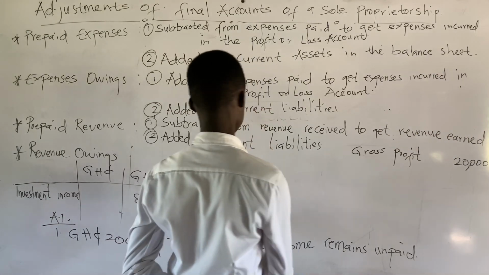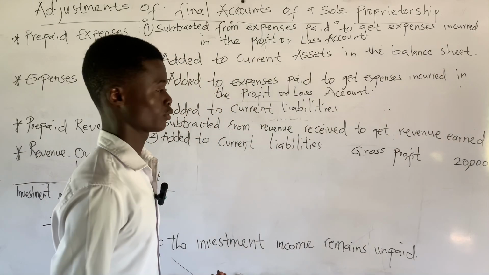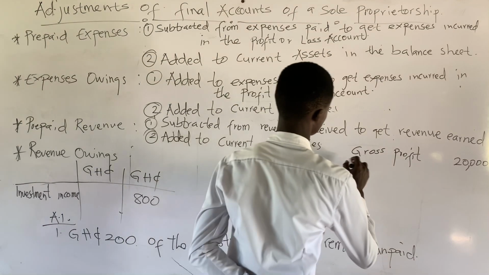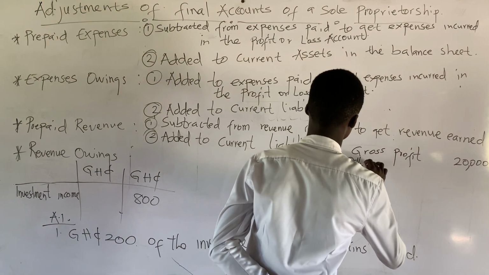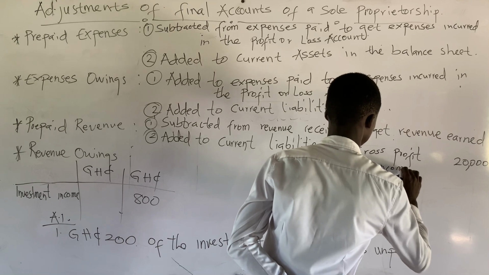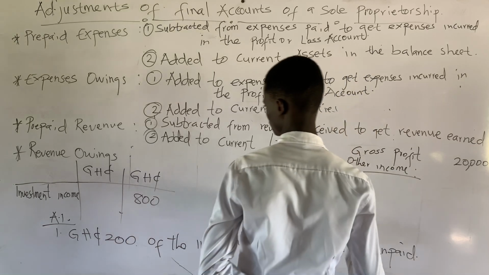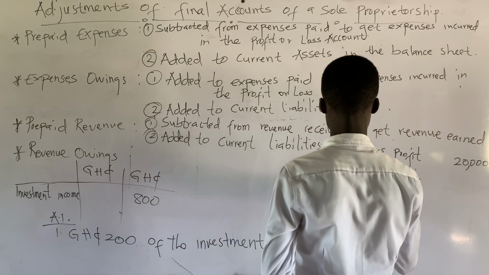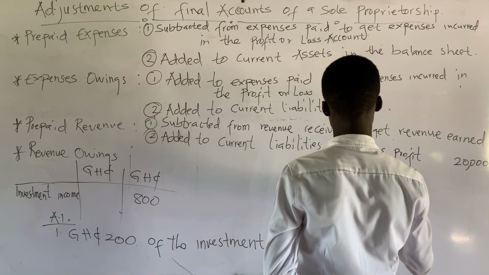Then we all know that investment income will be added to gross profit as other income. So we will say add other income. Then we will bring investment income on the trial balance.